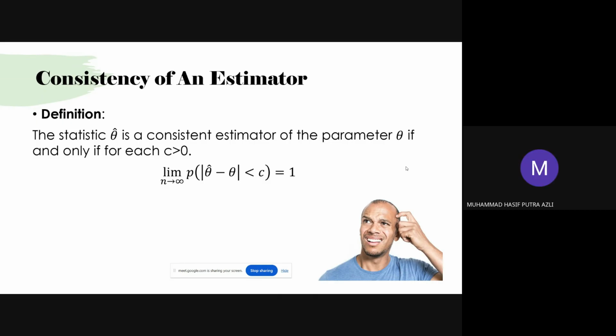part. Okay, thank you. So we're moving to the second part of the properties of a good estimator. So the second property of a good estimator is called consistency of the estimator. So we always start with a definition first.